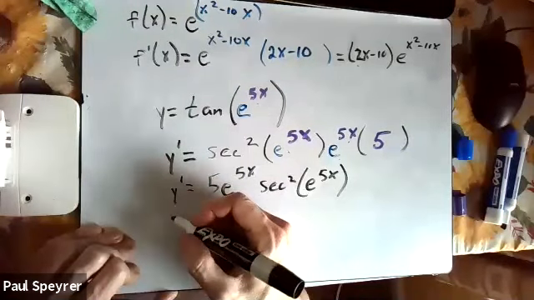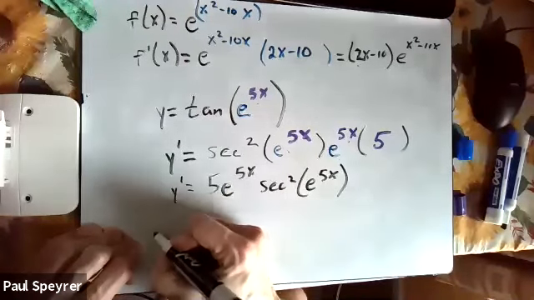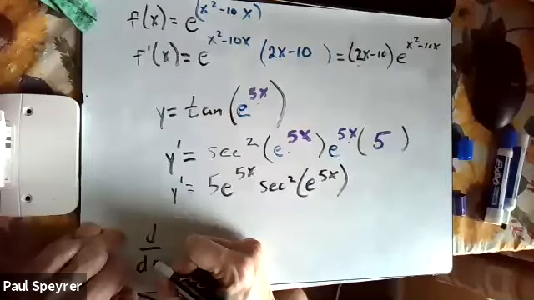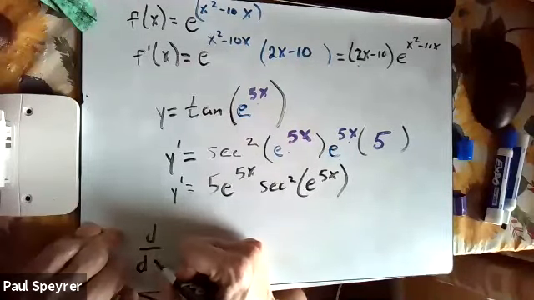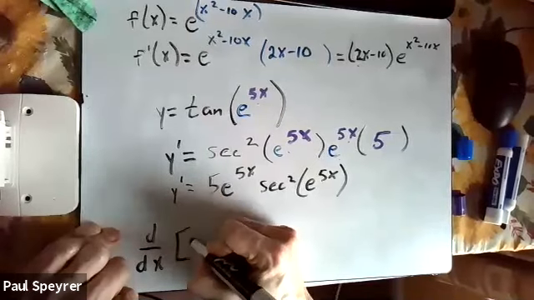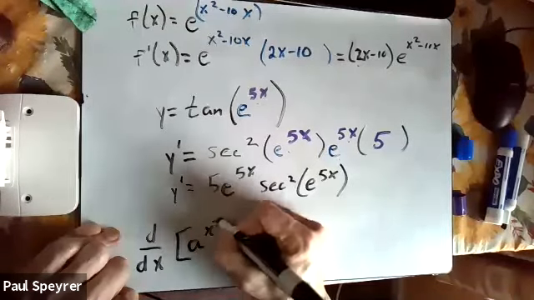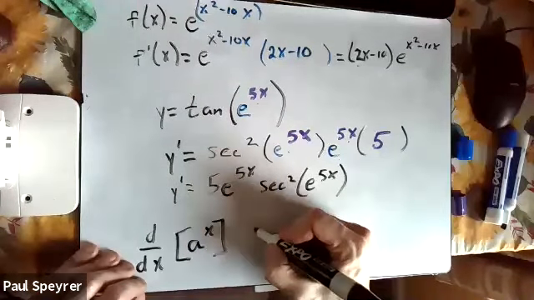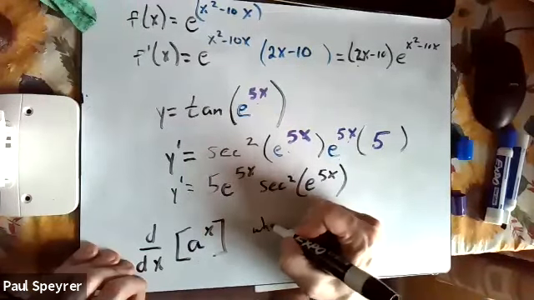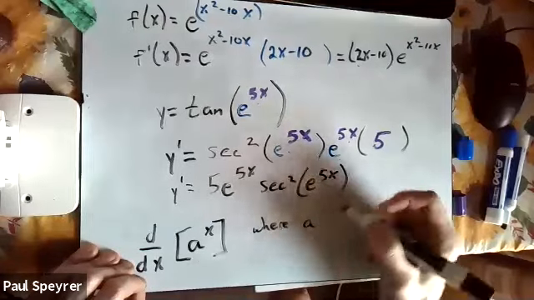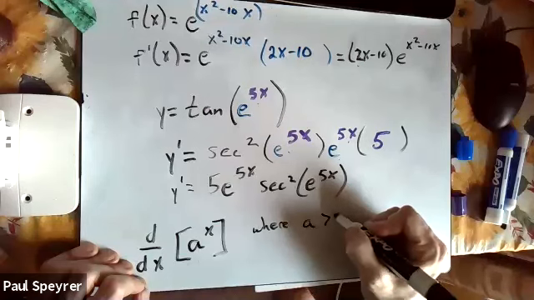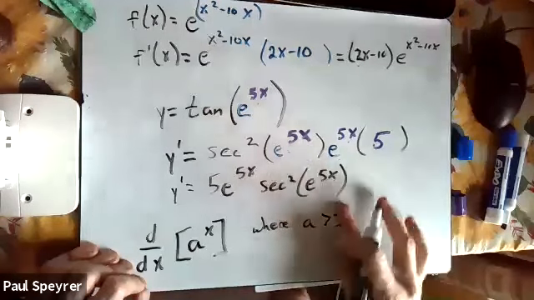So what we're going to look at now is, what if we had, say, this is still an exponential function, but now instead of having e to the x, we have a to the x, where a is greater than 1, or greater than 0.